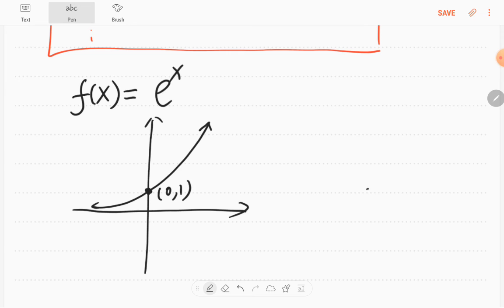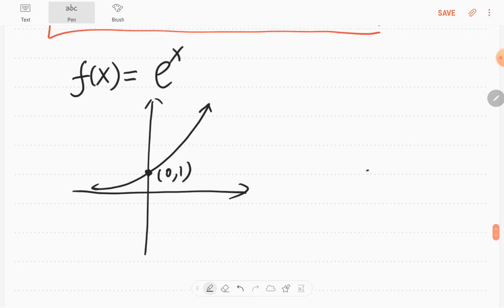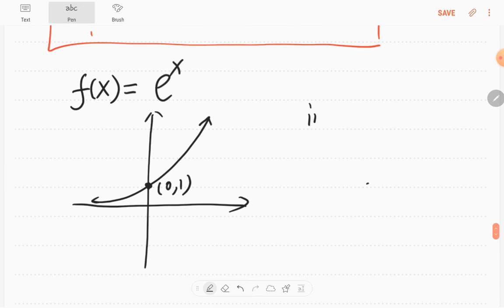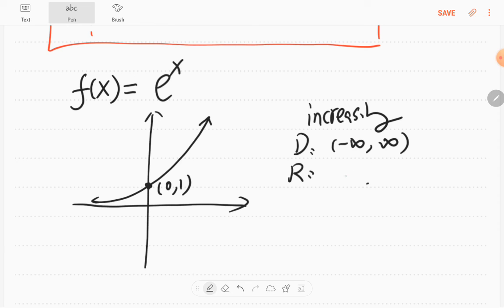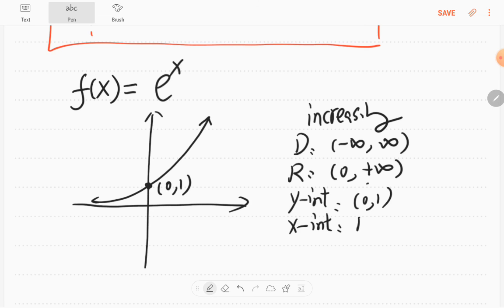And it's always an increasing function. The domain is from negative infinity to infinity. Range is from 0 to positive infinity, right? The y-intercept is still the same, which is 0, 1. There's no x-intercept. Horizontal asymptote is y equals 0, which is the x-axis, the same as when a is greater than 1.